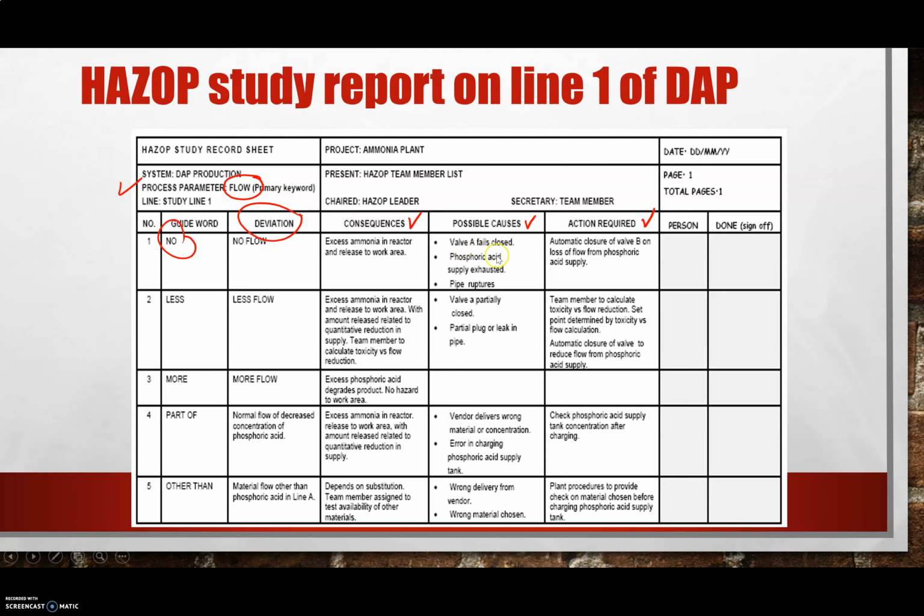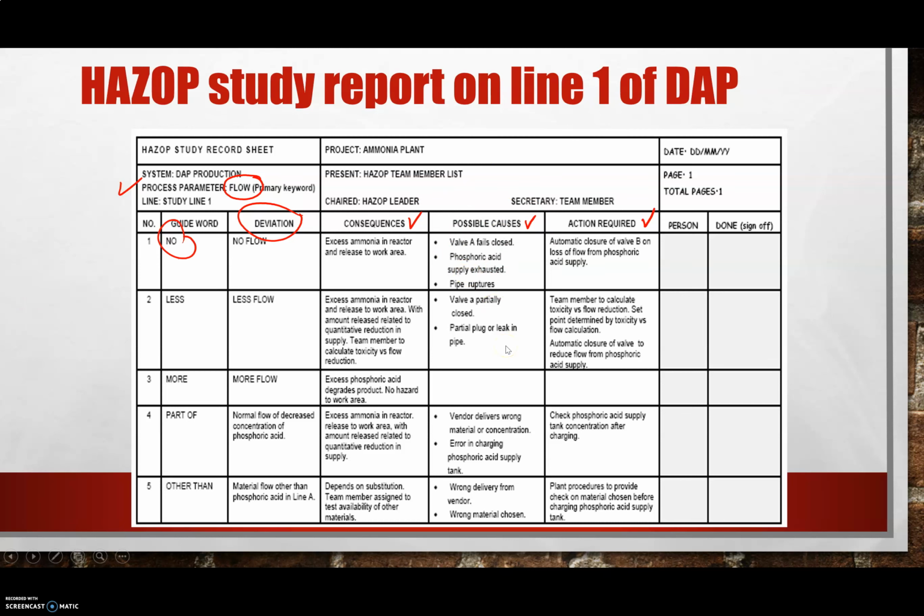Valve A fails closed, phosphoric acid supply exhausted, or pipe ruptured. But the action required is automatic closure of valve B on loss of flow from phosphoric acid supply. They take action on valve B to prevent these causes.